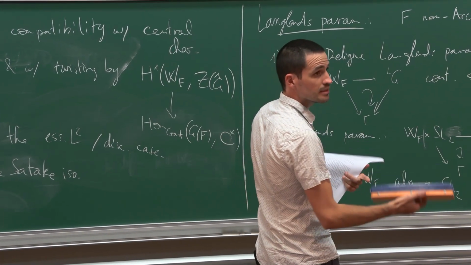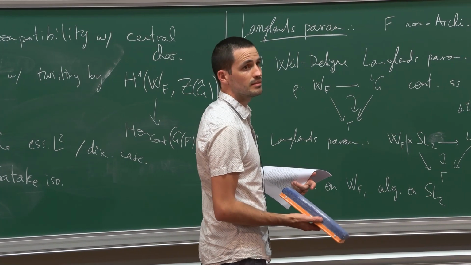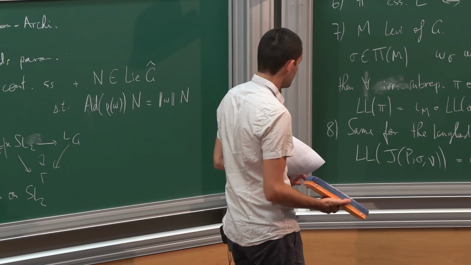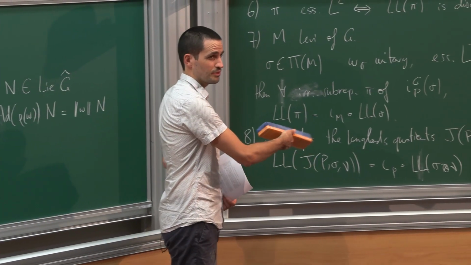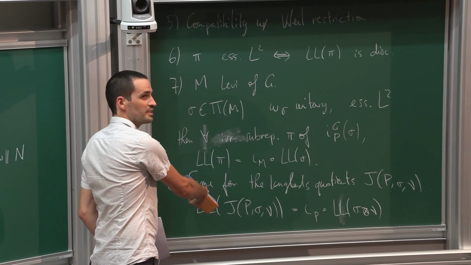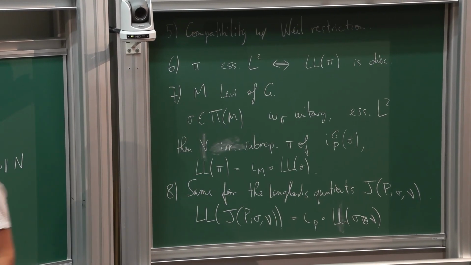In 8, do you really pin down the Langlands parameter, or only determine it up to semi-simplification? No, that's the actual Langlands parameter, and that's maybe the not so obvious thing when you try to prove compatibility with the Satake isomorphism.